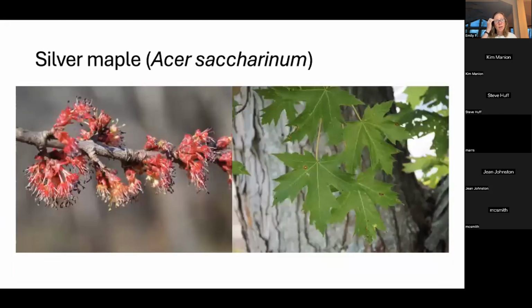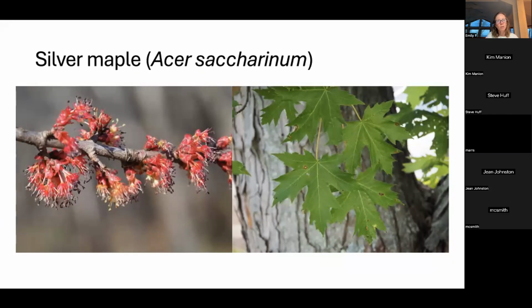And here is the silver maple. This is going to have just tons and tons of flowers all together on the ends of the branches. Just goes wild. And it is one of those maples that has separate male and female. And again, sometimes our maples have separate male and female, and then sometimes they have them all in the same plant too.